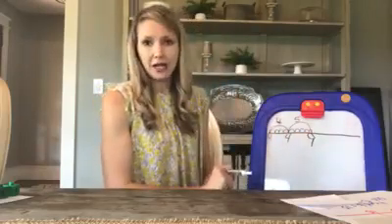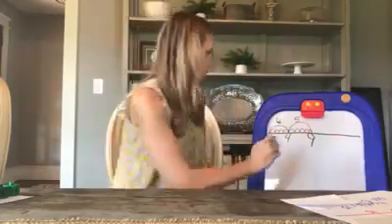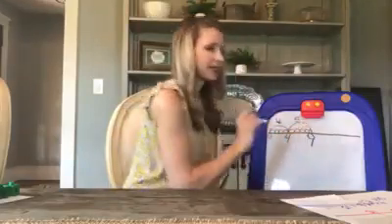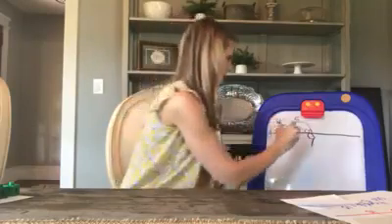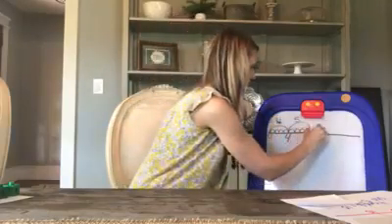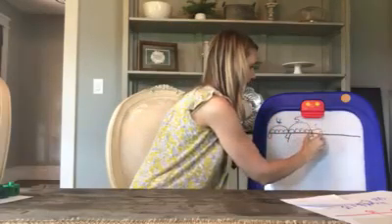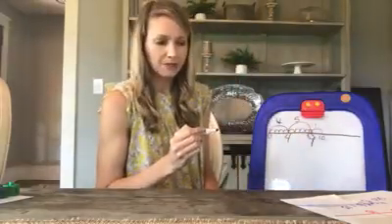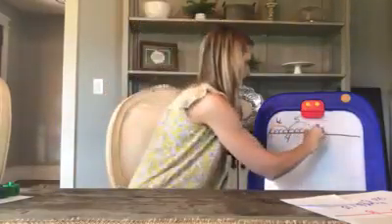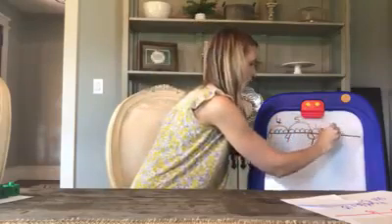And then I'm going to go up 6 more. So I need to hop 6. So one way that I could do that is break up the number 6. So I'm going to hop up 1 to make a 10 because 10 is our magic number. And then I need to hop up 5 more.